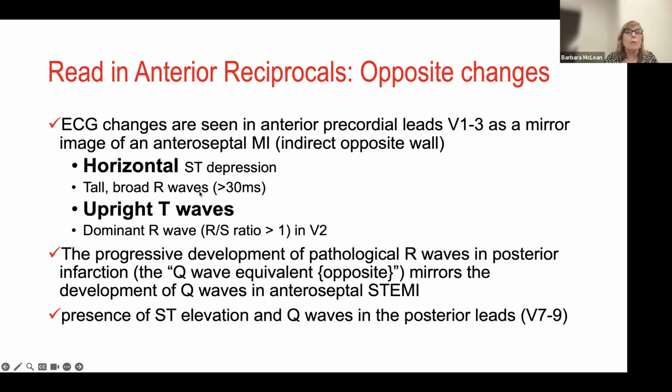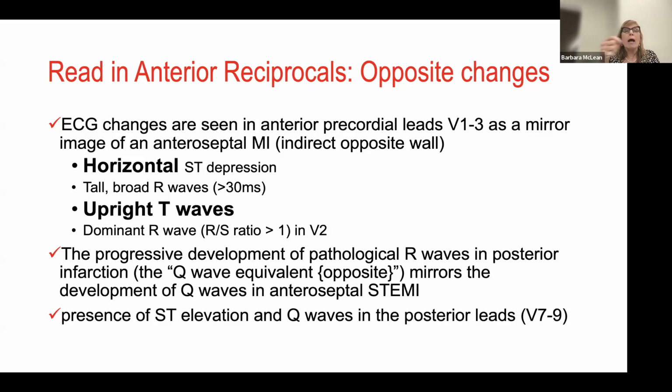So your patient will have what we call horizontal, which means a flat plane, like a drop in the ST segment. So it's a flat plane, horizontal ST depression, usually a big R wave and upright T waves. And that's really, really important. ST depression, upright T wave, and a relatively bigger than expected R wave in V1, V2, and V3.